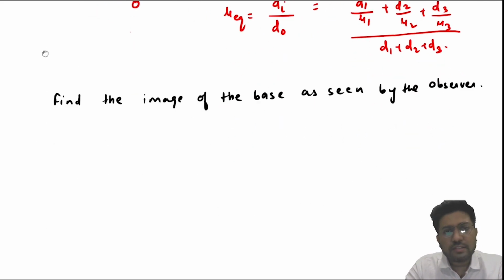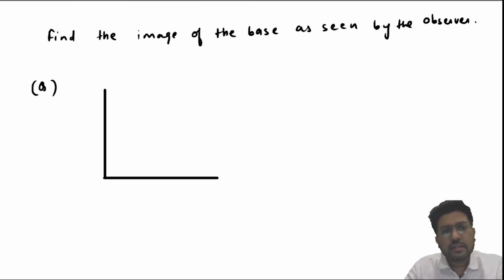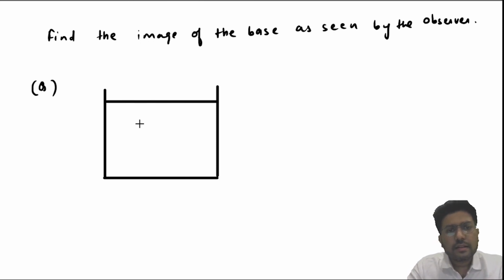Okay. Now there is one more important question that can be asked here. Listen carefully. Suppose this is a liquid of refractive index, say mu, and this is the observer.